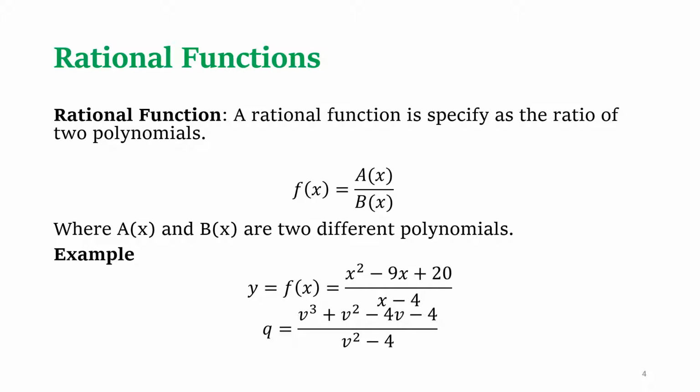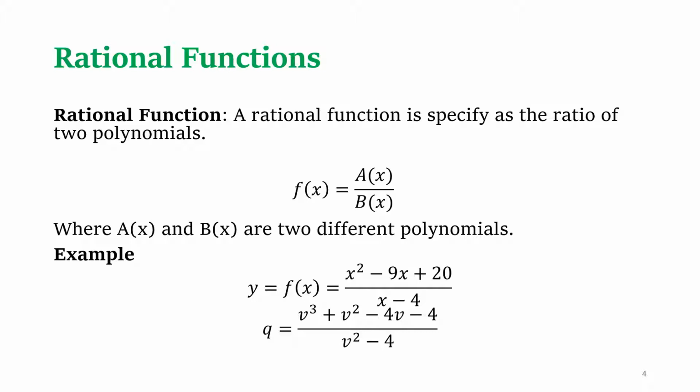Now, given this, y equals f of x equals x squared minus 9x plus 20 over x minus 4. Remember, the numerator here, x squared minus 9x plus 20, is a quadratic equation. It is quadratic in the sense that the degree of the polynomial there is 2.